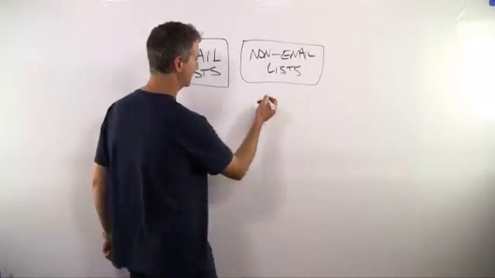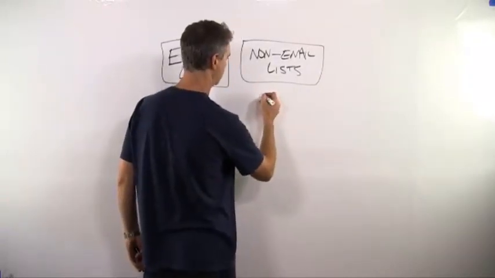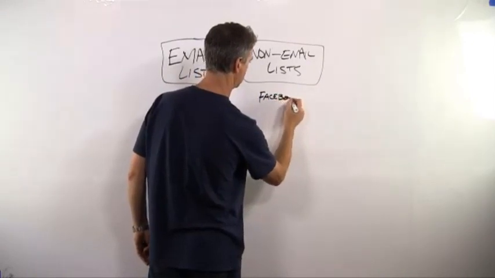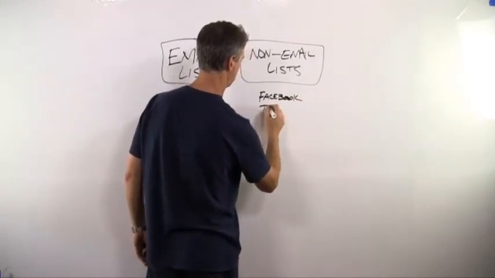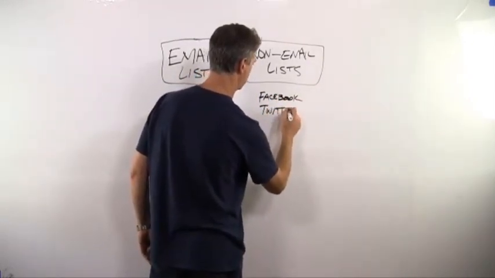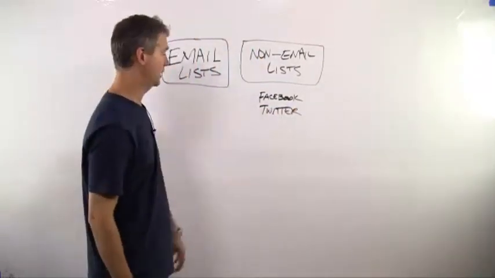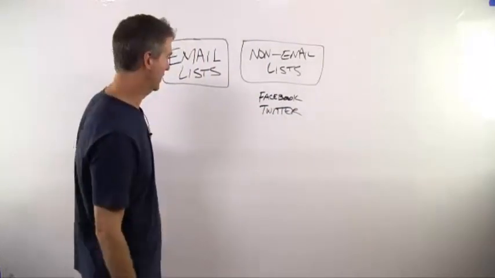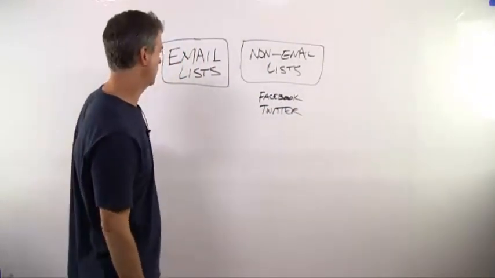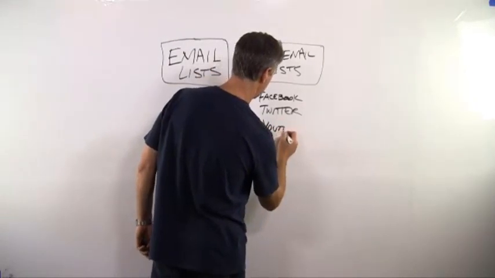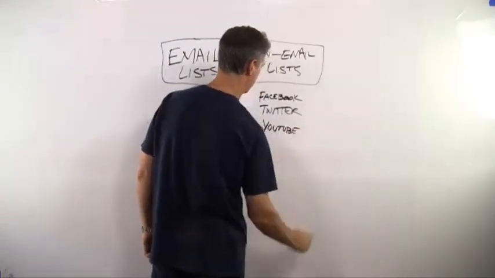So what that is could be social media. It could be Facebook, could be Twitter, and actually over time, these all change. I mean, it used to be MySpace was a big deal. Not so much anymore. Twitter, Facebook, YouTube, people following your YouTube channel.